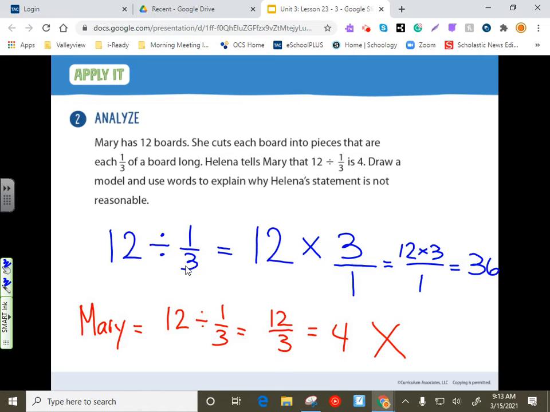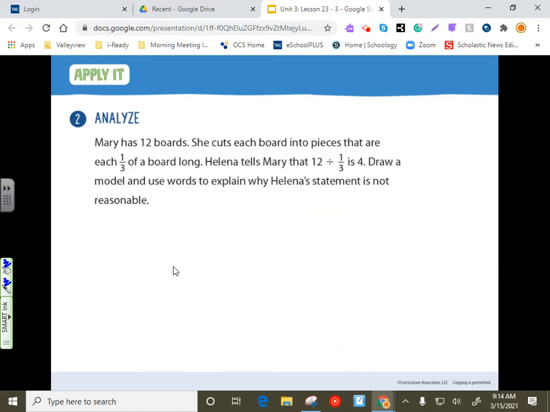That's why you've got to do that flip part. You've got to do that last part. So she forgot to flip her divisor. In fact, let me write that. Flip the divisor. What Mary did just shows you what happens if you don't. So 4 is definitely not close to 36.